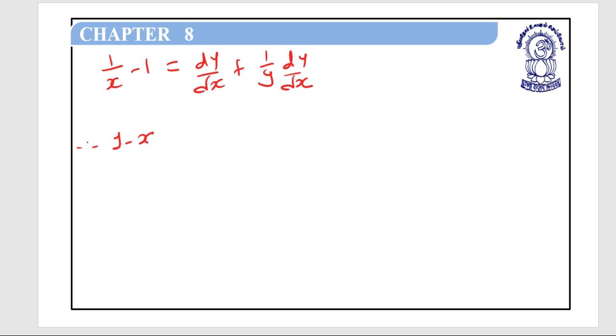So 1 minus x upon x is equal to dy by dx common, 1 plus 1 upon y.